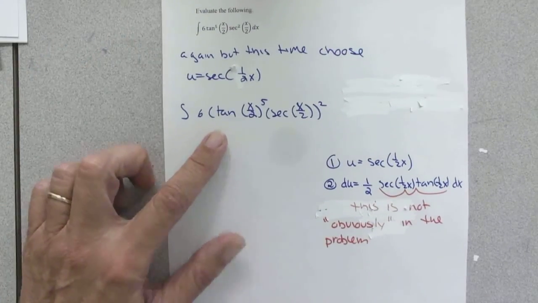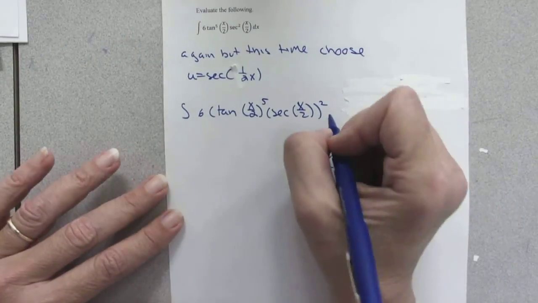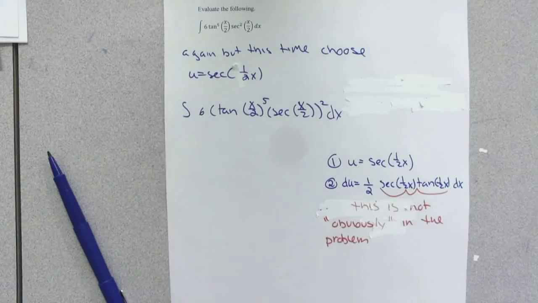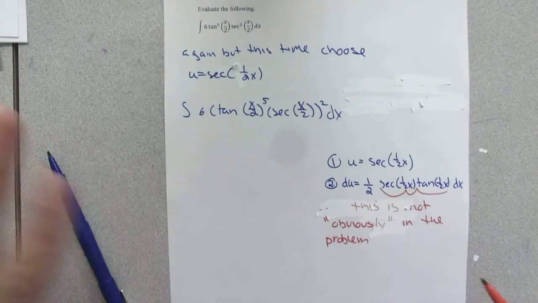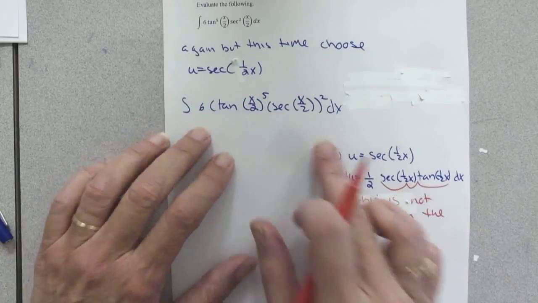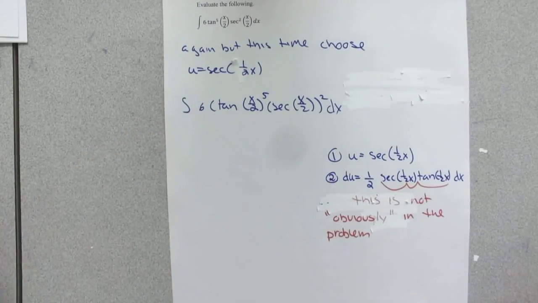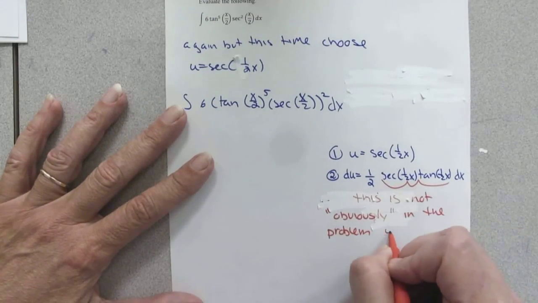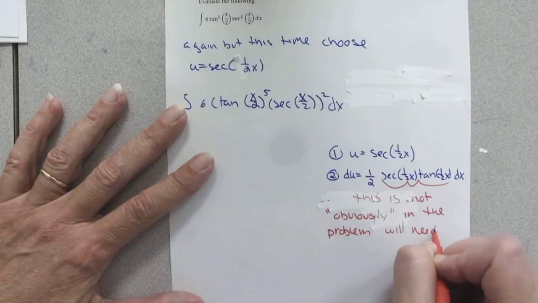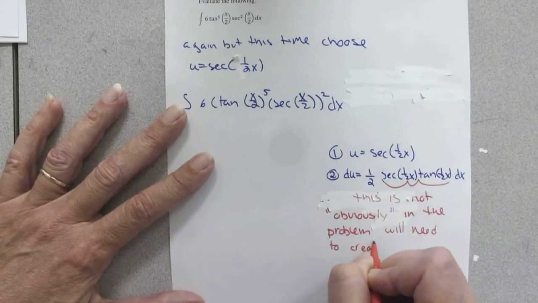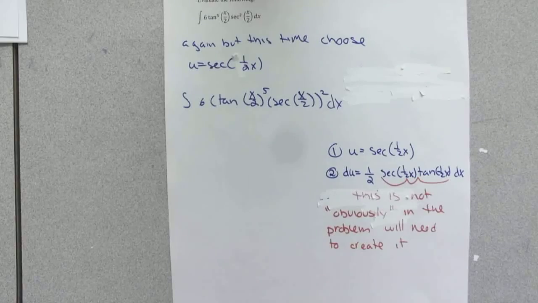Now I wrote obviously because you could create it. You could create it, but it won't be as, you could create it. So we'll have to create it somehow. And that's not great.